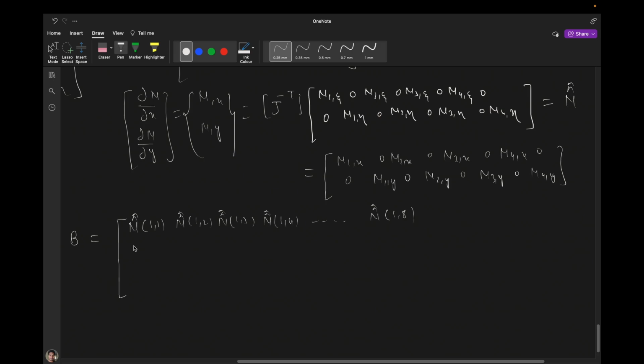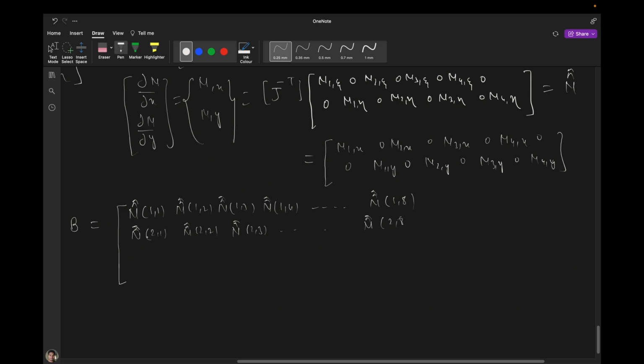And here it will be N double hat 2 1, N double hat 2 2, N double hat 2 3, and this will be N double hat 2 8.